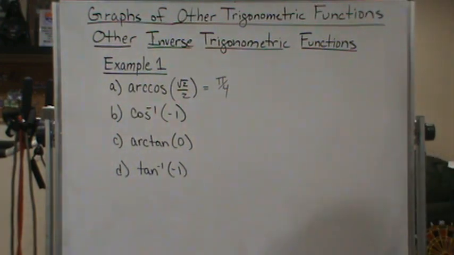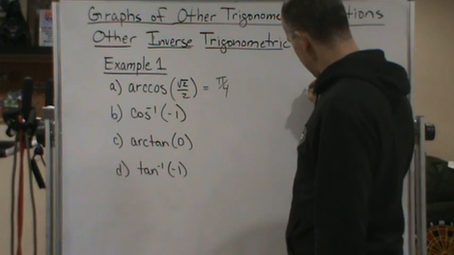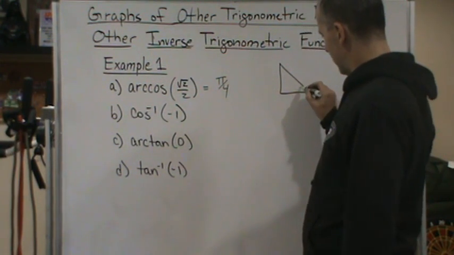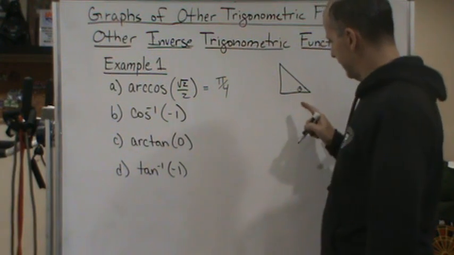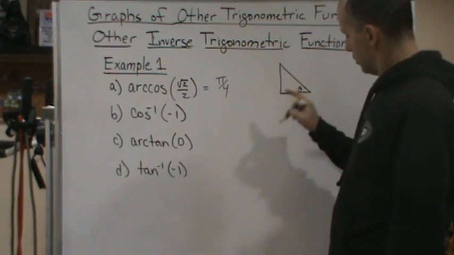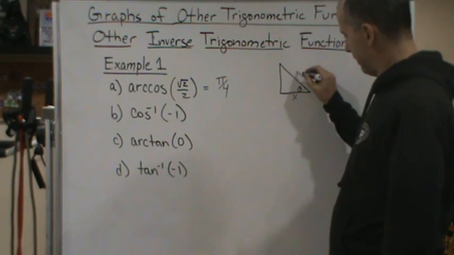The only way to get 1, think about this, so let's draw our triangle here. So here's theta, we're in the second quadrant, and we're doing cosine, which is adjacent over hypotenuse.